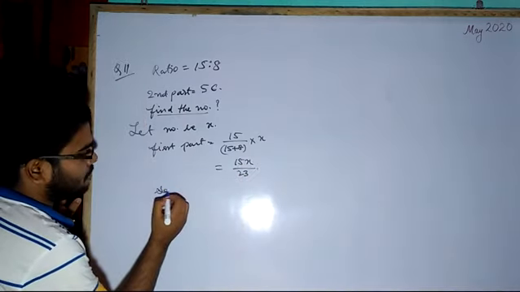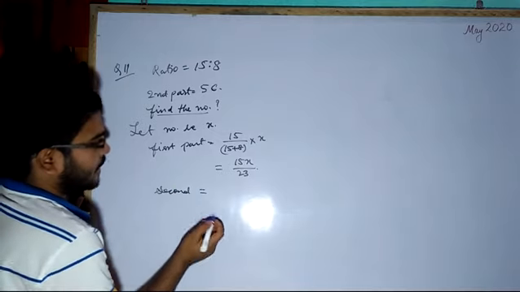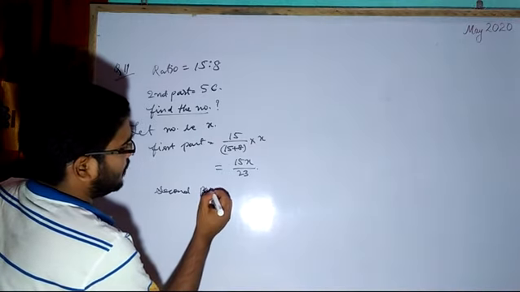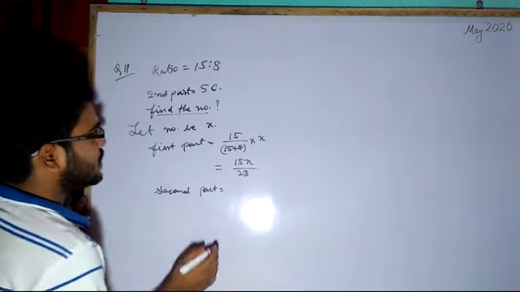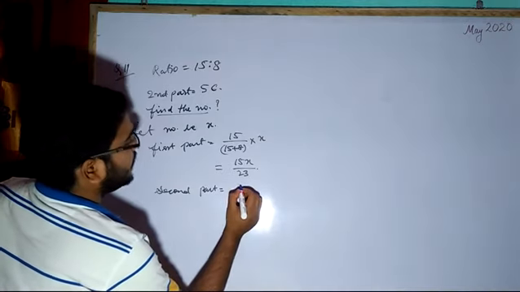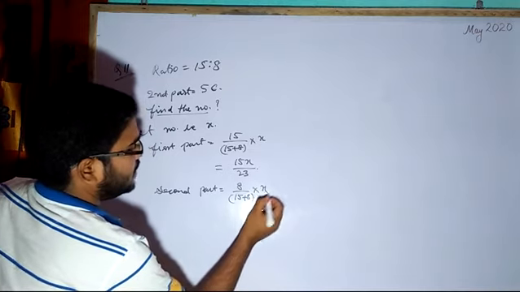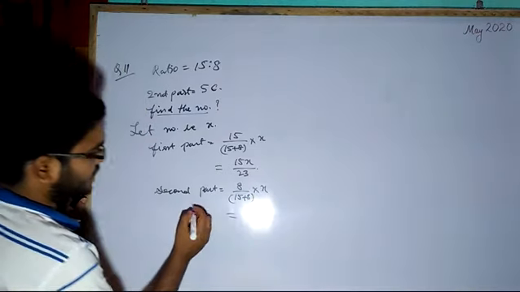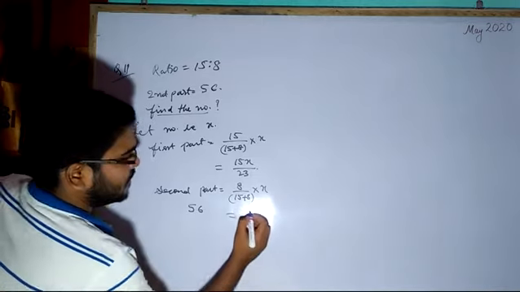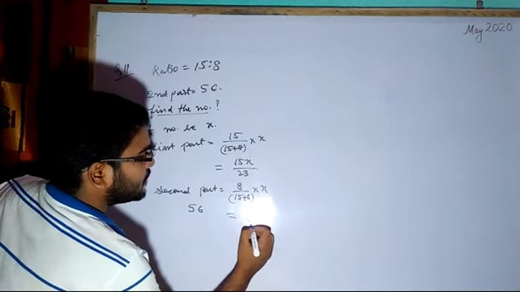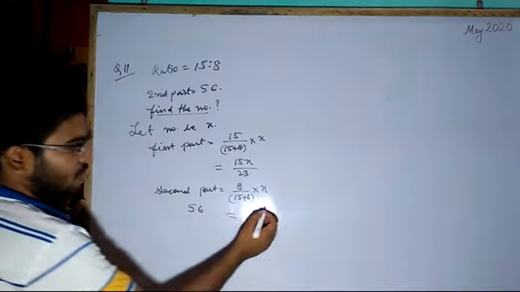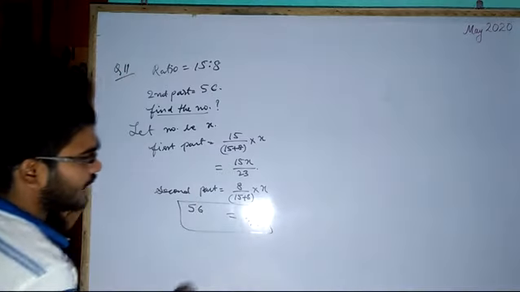Now second part is equal to 8 upon 15 plus 8 into x. Now second part is already given, 56. This is equal to 8x/23. From here we can simplify and calculate the value.